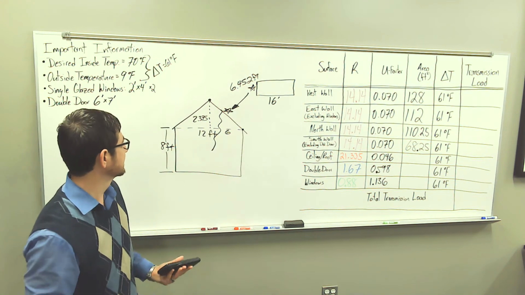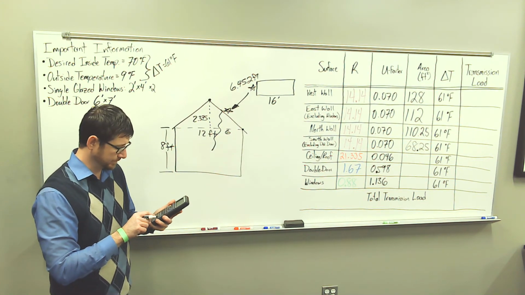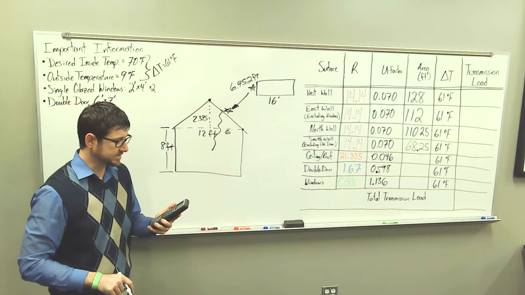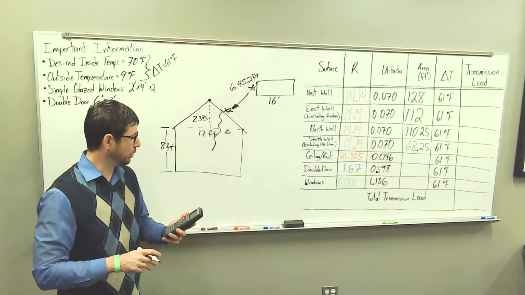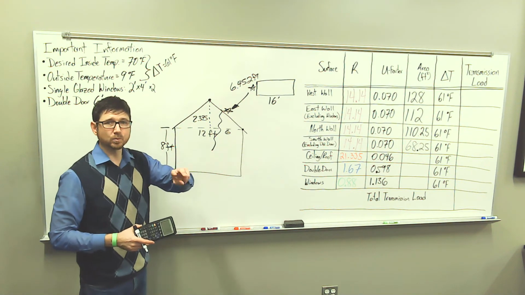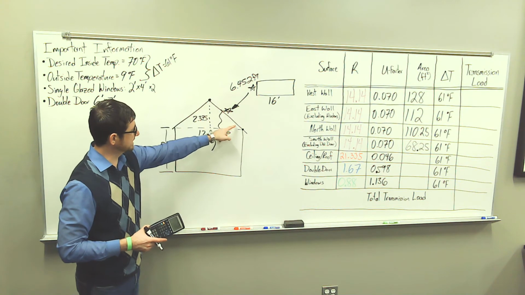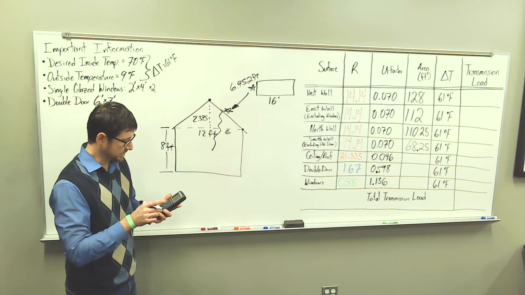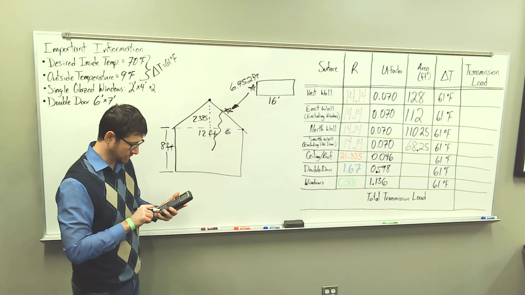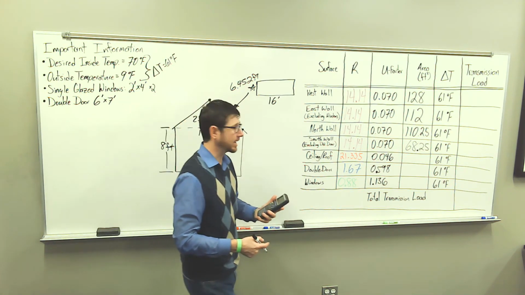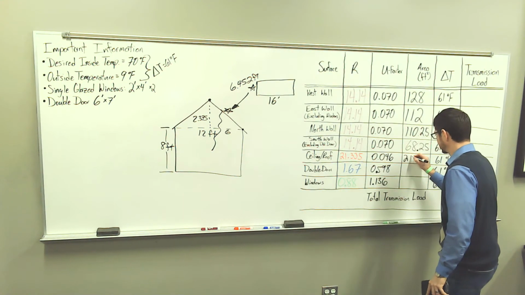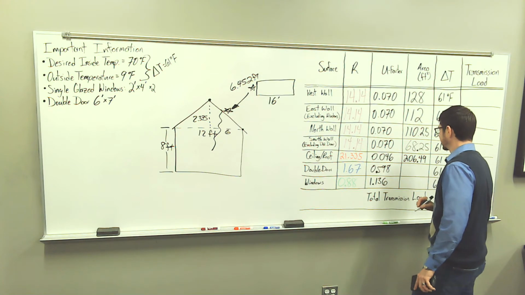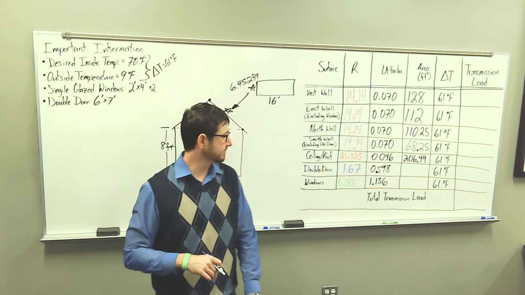That's going to be 6.452 times 16. That gives us 103.24 square feet. But we have 2 of these. We have this surface on the right side, and then we have this surface. So I'm going to multiply that by 2, so 206.49. And that's going to be in units of square feet.